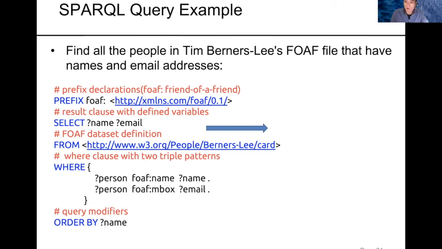In the select, we want to know the name and email from the friend of a friend files, from a dataset, specifying the URL. In the where clause, we are looking for some person with a specified name, and this person also with a specified mailbox, and finally we order by the name of the person.